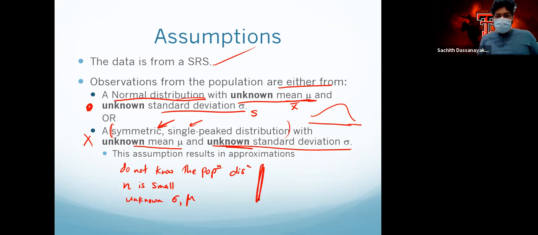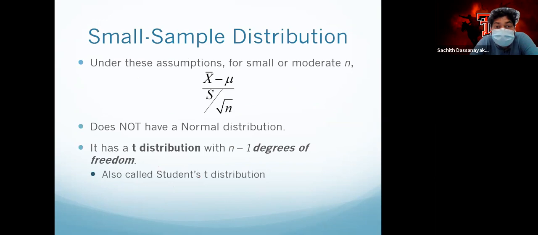We have to deal with these. You cannot approximate to a normal distribution because n is small and mu and sigma are unknown. So what do we have to do? Under those assumptions, what we did last time, we can deal like this. But right now, we don't have a normal distribution. So this is the way out.